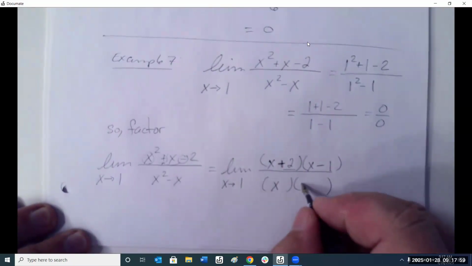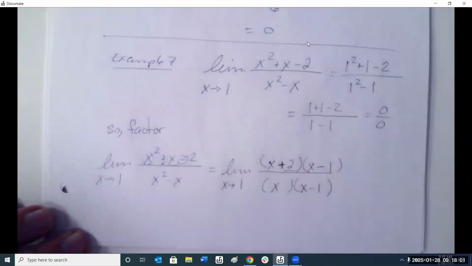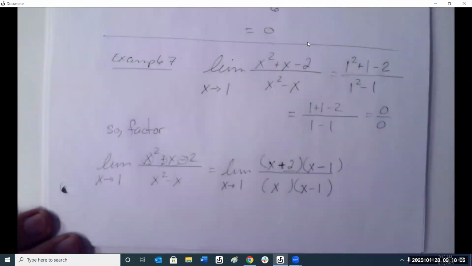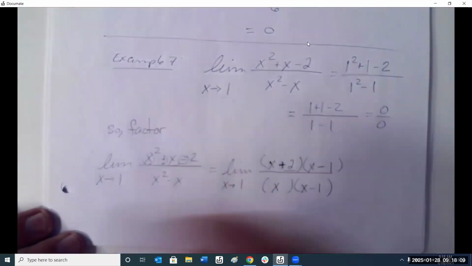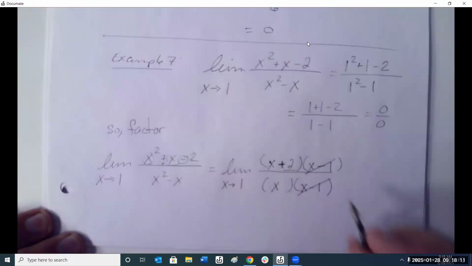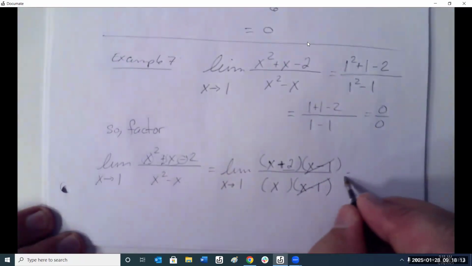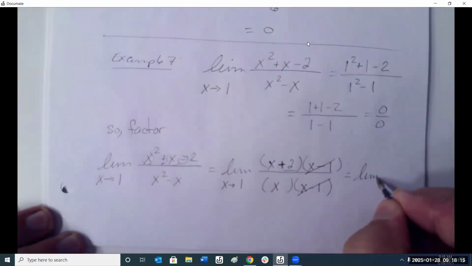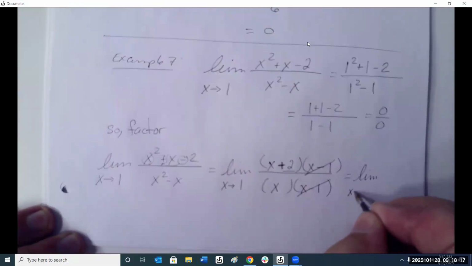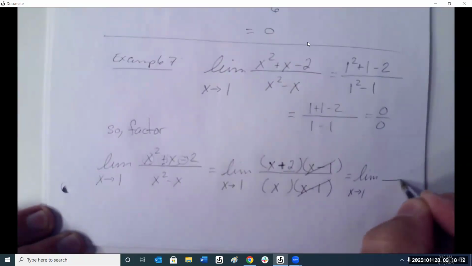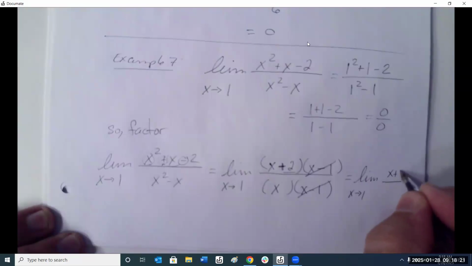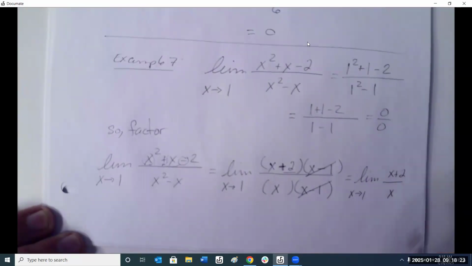So I take out the x, and I have an x minus 1 left over. Can anything cancel? The x minus 1s. So now our equation is x plus 2 over x.